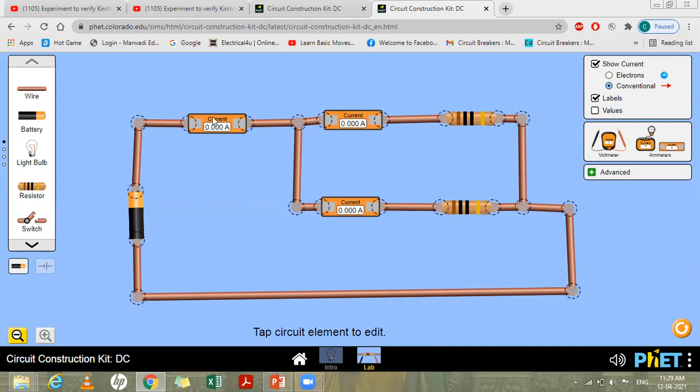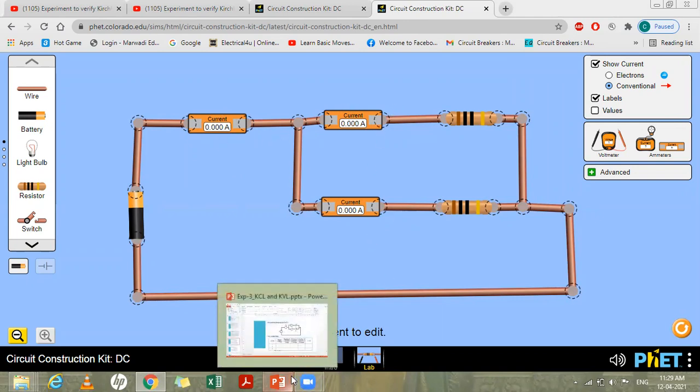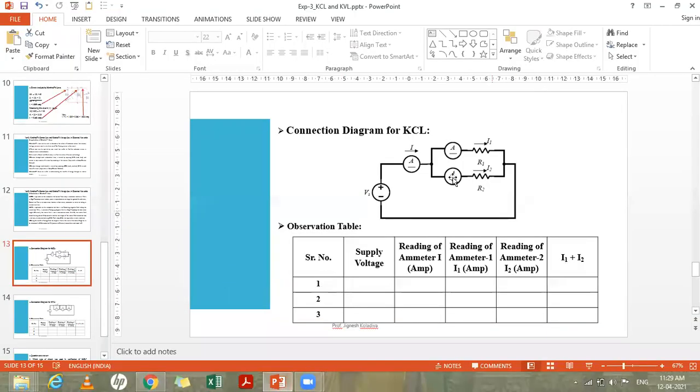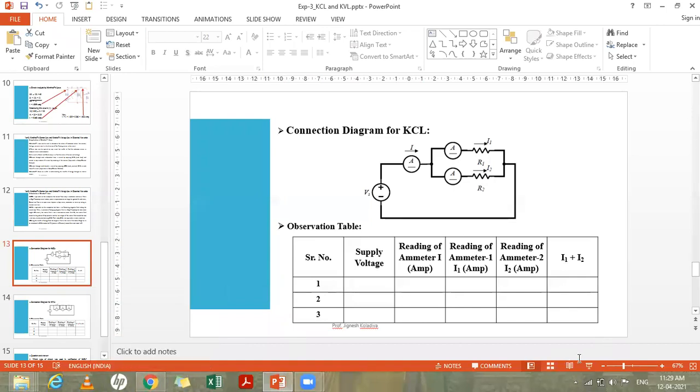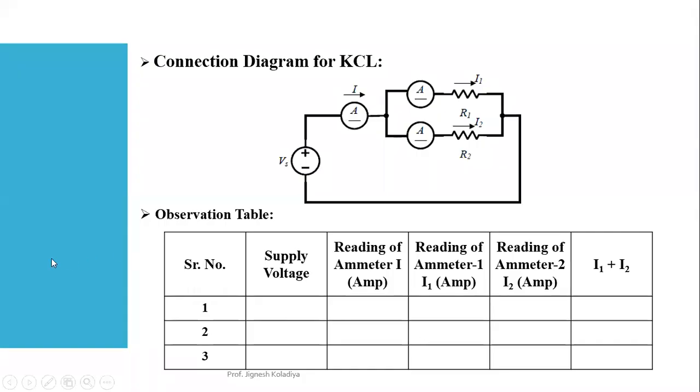This ampere meter will give you the current I. This is I1 and I2. Okay. So first of all, we have to select the value of resistance, right? So let me write R1 and R2.